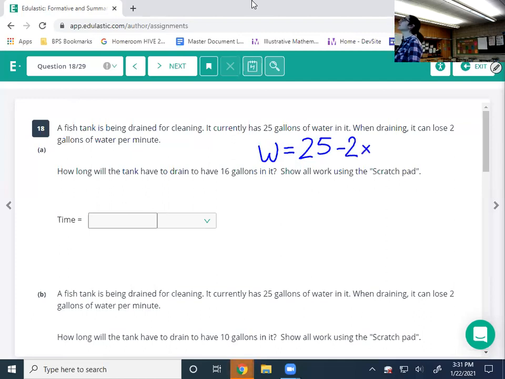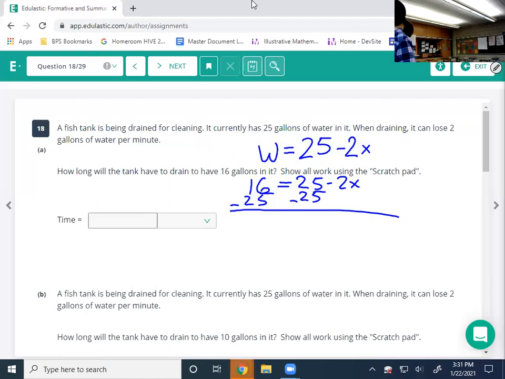And x could be the number of minutes. So how long is it going to take for this tank to drain? We're going to plug 16 in for W, because we want to know how long it takes to reach 16 gallons in the tank. So 16 is equal to 25 minus 2x. To get x by itself, we subtract 25 from each side first.